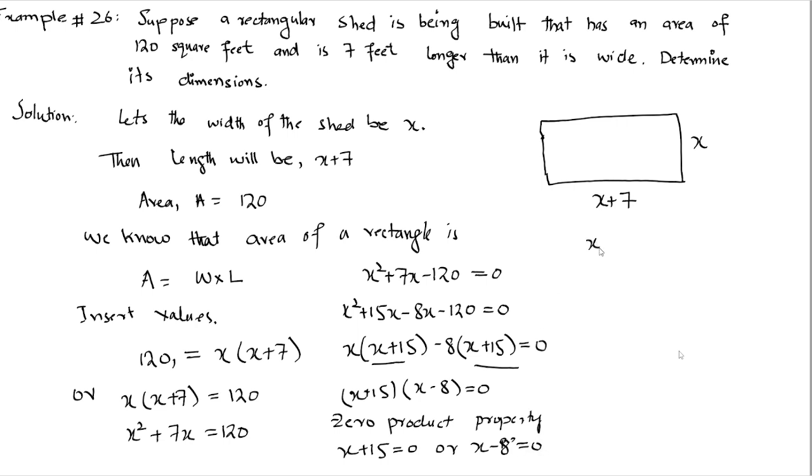Now from x plus 15 is equal to 0, the value of x will be x is equal to minus 15, and from x minus 8, the value of x is equal to 8. Now, as x is representing width of a rectangle, so its value cannot be negative.